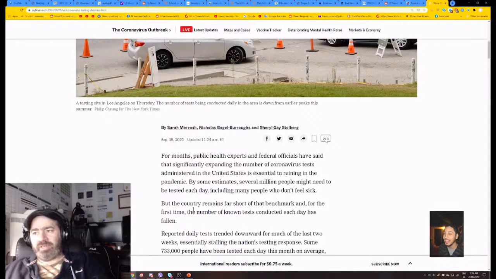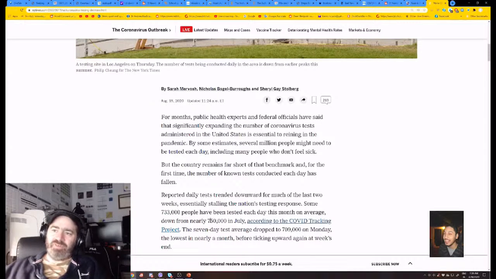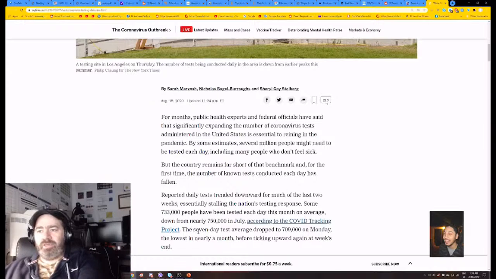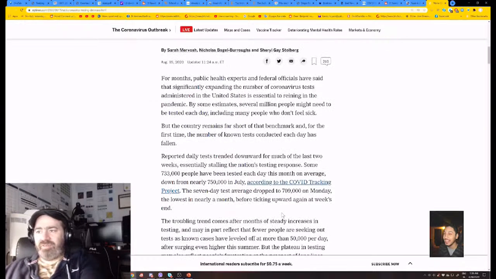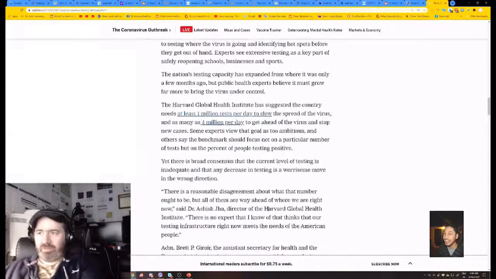For the first time, the number of known tests conducted each day has fallen. Reported daily tests trended downward for much of the last 2 weeks, essentially stalling the nation's testing response. Some 733,000 people have been tested each day this month, on average, down from nearly 750,000 in July. The 7-day test average dropped to 709,000 on Monday.